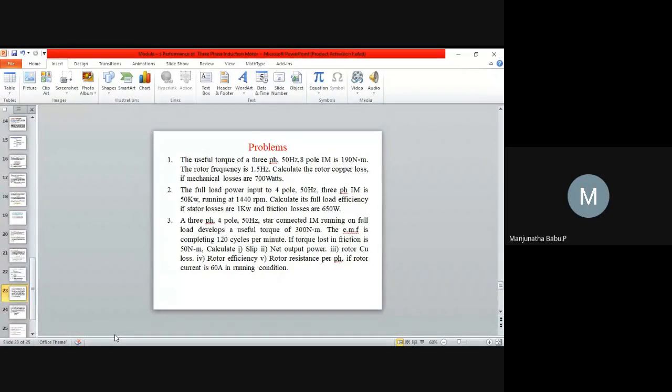Now find the mechanical power. Output power is equal to mechanical power minus friction loss.